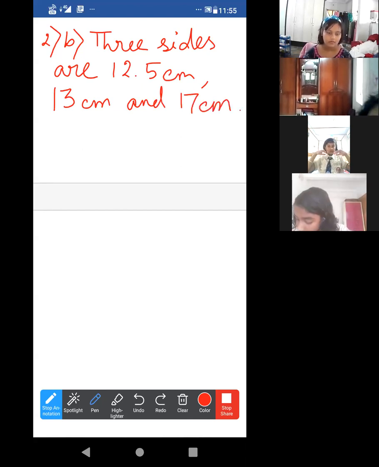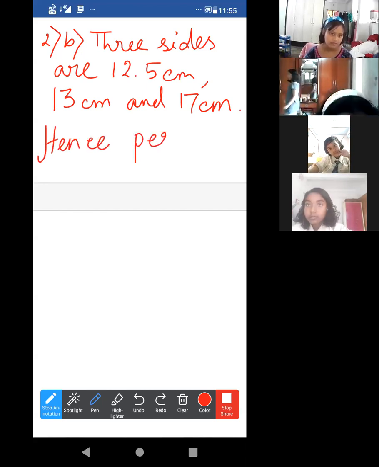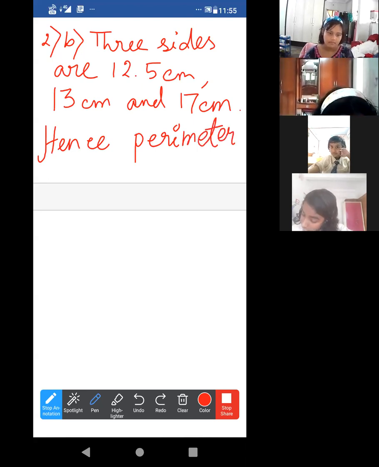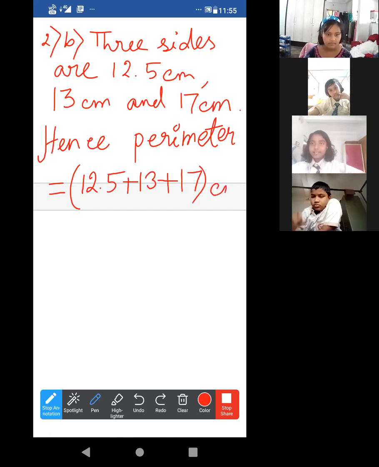So directly you can write, hence perimeter is equal to. We will have to add them or subtract? What? Add, good. So 12.5 plus 13 plus 17 centimeter.